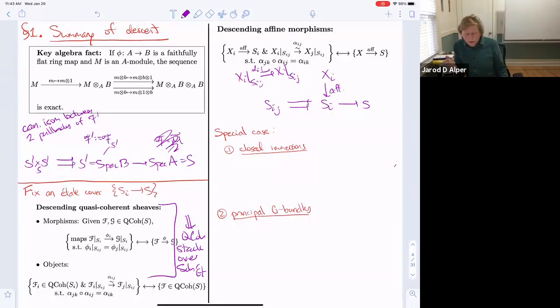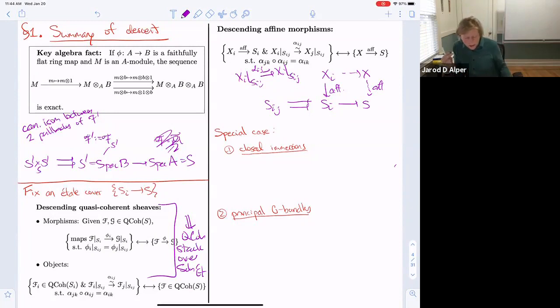And since affine morphisms are defined by O_{S_i}-algebras, you can think of them as modules together with morphisms between the modules that give them the algebra structure. And so if you apply the descent for quasi-coherent sheaves, you can descend the ring defining X_i to at least a module over S, and then you descend the algebra structure. And so you actually get an affine scheme that pulls back to X_i. And so you can descend affine morphisms in the Étale topology.